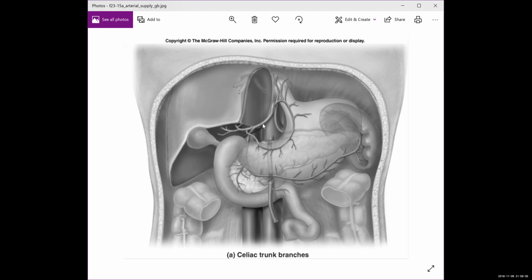Name this vessel going this way off the celiac trunk. So there's 3 off the celiac trunk. Left gastric, splenic, and name this vessel. Common hepatic artery. Name this vessel that branches right off of that.